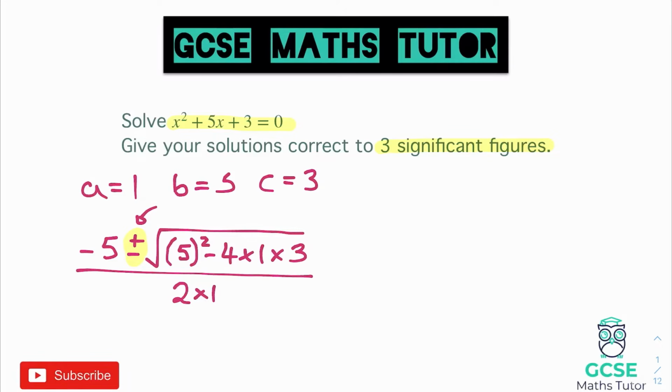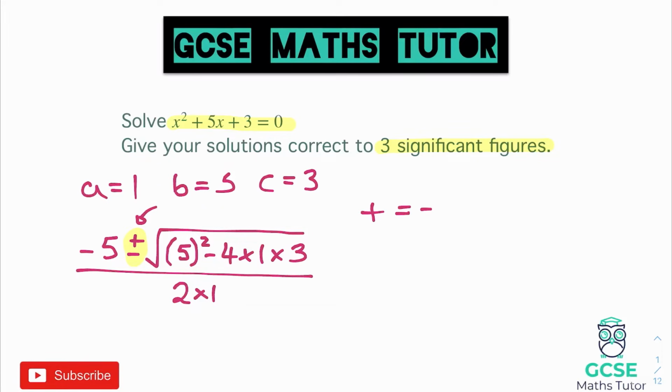So negative 5 plus, and then I'm going to do the square root in brackets, 5 close brackets squared, take away 4 times 1 times 3, and on the bottom of the fraction, 2 times 1, which is 2. So I'll just put 2, press equals, and we get an answer. Now just to emphasize that that's the positive one, just by my working out here, I'm just going to put a plus sign so I know that's the one I've done.